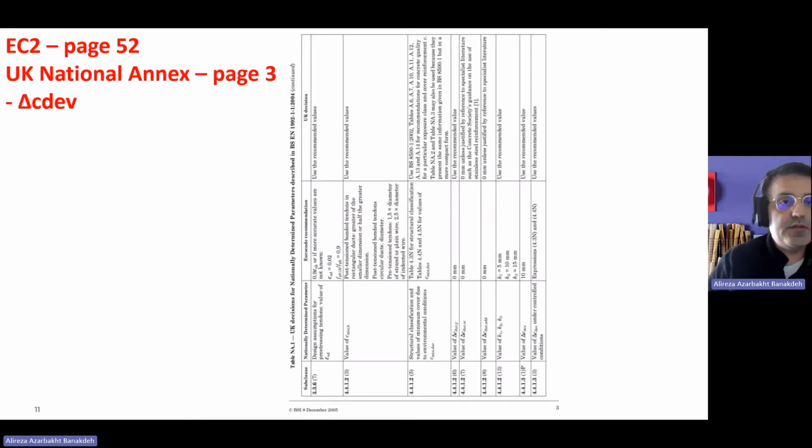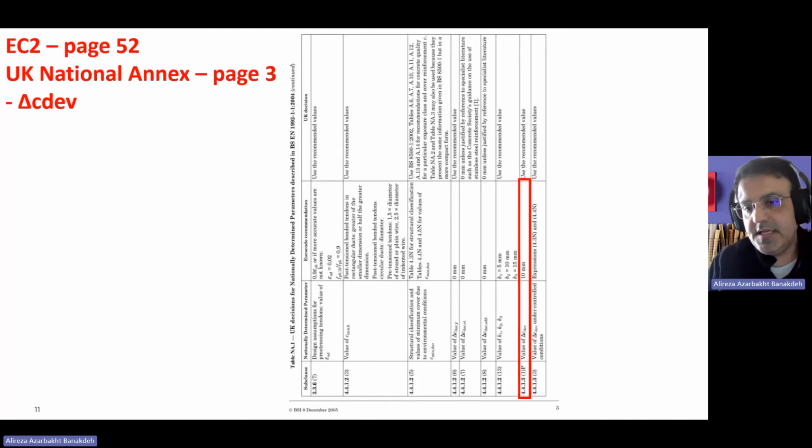And this is for the last parameter, the sixth parameter, which you can find in page 52 of UK National Annex again, page 3, the same page we talked about earlier. And here it is, delta c,dev is equal to 10 millimeter as a constant for everything.